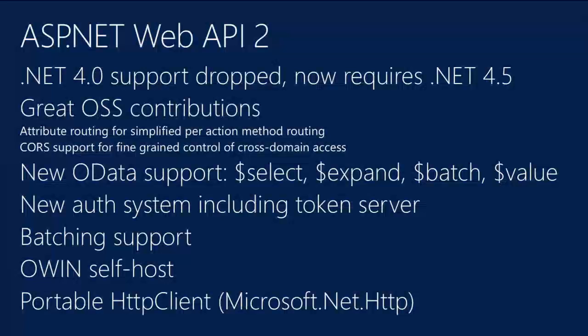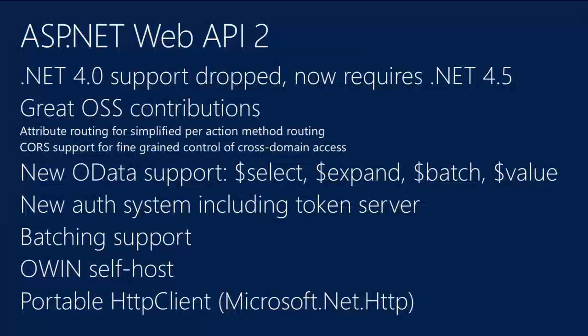Fantastic open source contributions in the guise of attribute routing and the core support for doing granular control across domain requests. The new OData support, new auth system including a token server if you're building cross-device rich applications that are service-oriented. Batching support, OWIN-based self-host for doing easy composition of multiple .NET web frameworks on one host, even if they don't come from this team.